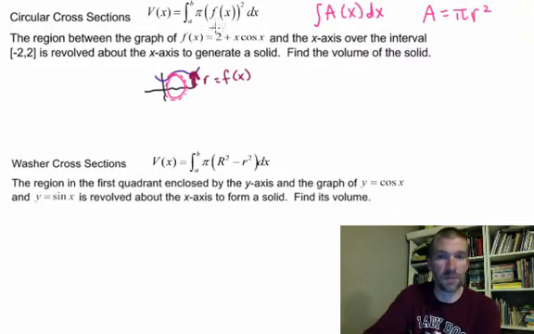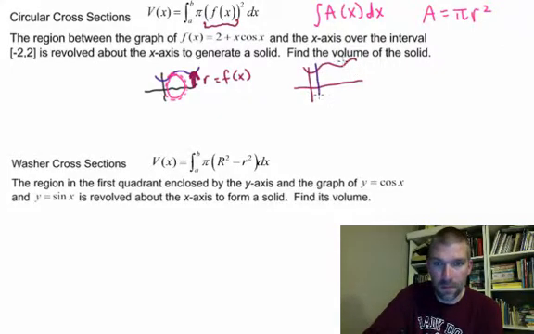So we would look at the function squared, which is this part, times pi. And then for the volume, we would add times the dx. Remember, if we were to look at this from the side, straight on from the side, and we've got this fun shape here, if I integrate from here to here, and I want the volume, then I add up this volume plus this volume plus this volume plus this volume, and that's where the dx comes into play.